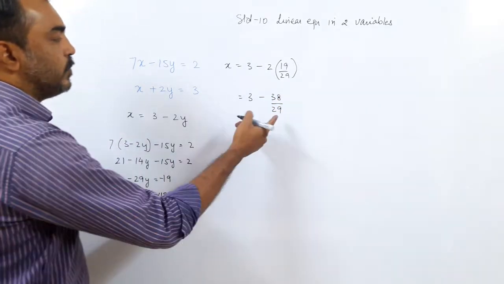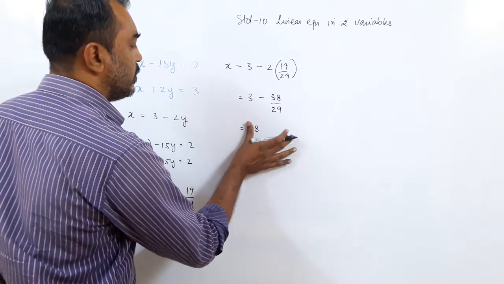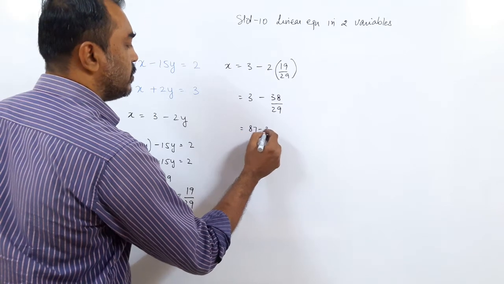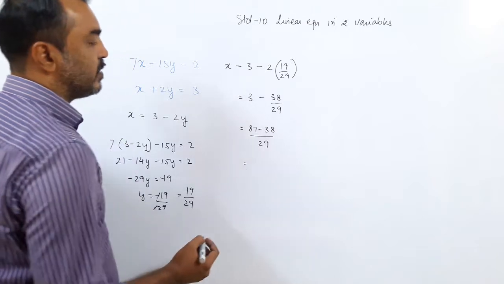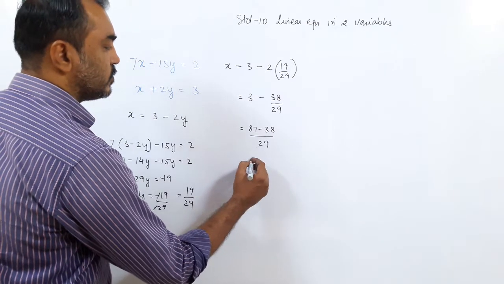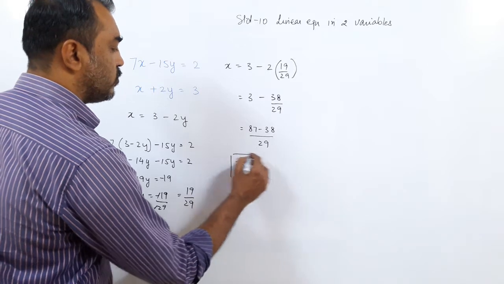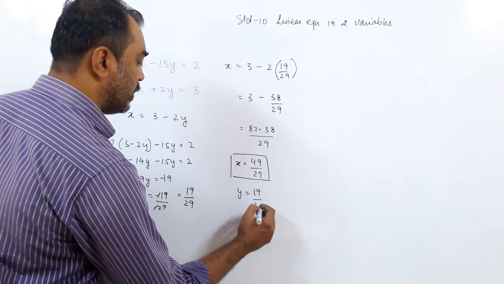Now we take the LCM. 29 3s are 87, sorry, minus 38 upon 29, which will give us the answer 49 upon 29. So x equal to 49 upon 29, y equal to 19 upon 29.